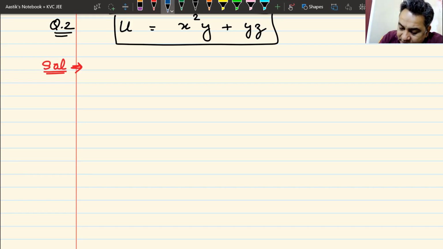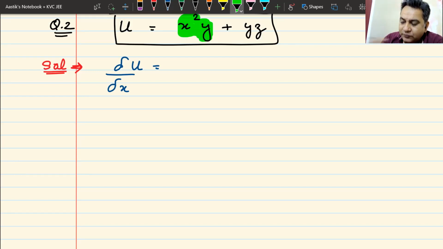The first thing is I am going to calculate del by del x of u. So I have to calculate the del by del x of this entire thing. If you look at the green one, I have to calculate the del by del x of this function, x squared y plus yz. Now in x squared y, if I calculate the del by del x, x squared becomes the first function and y becomes the second function.